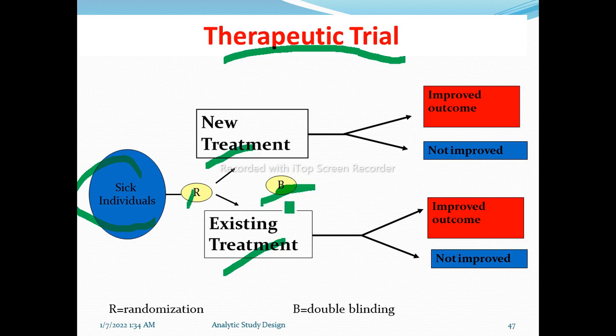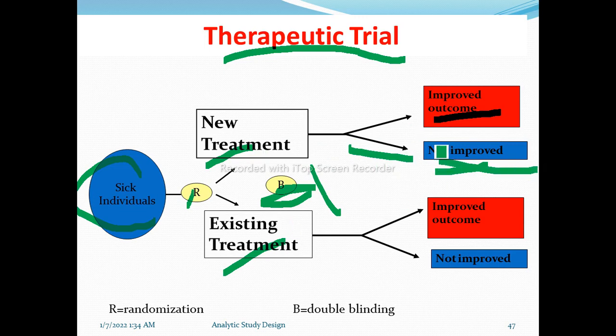By considering blinding or double blinding, we will follow the individuals. Then at the end, those individuals with new treatment, whether they have improved or not, will be compared. So they take new treatment and improved, or they take new treatment and not improved.